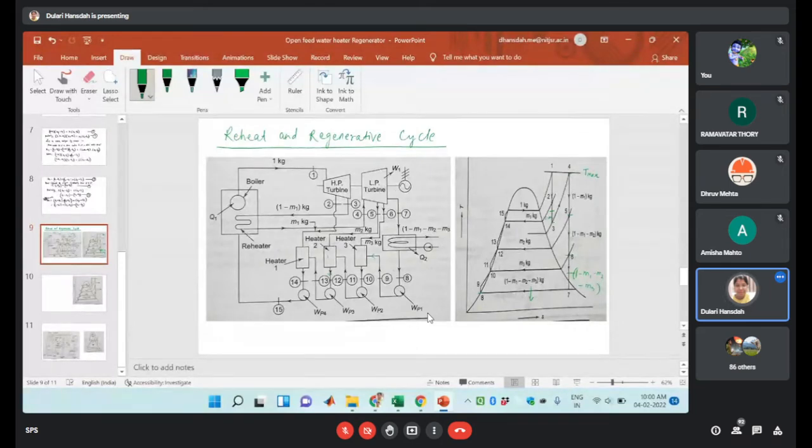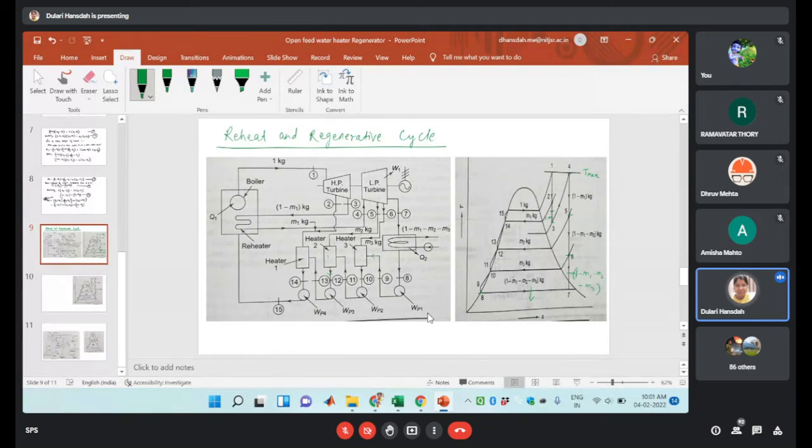So again, that will be pumped by the help of the pump 3 to the heater 1. So that pumping point is your point 12 to point 13. So it will go to the heater 1. So here there will be heat exchange process. Temperature will increase 13 to 14.